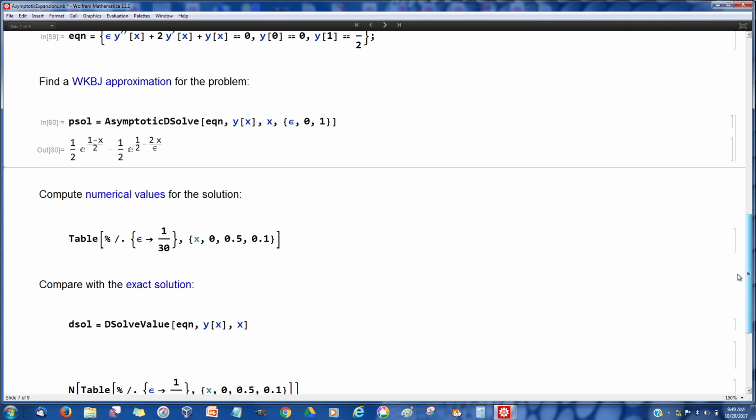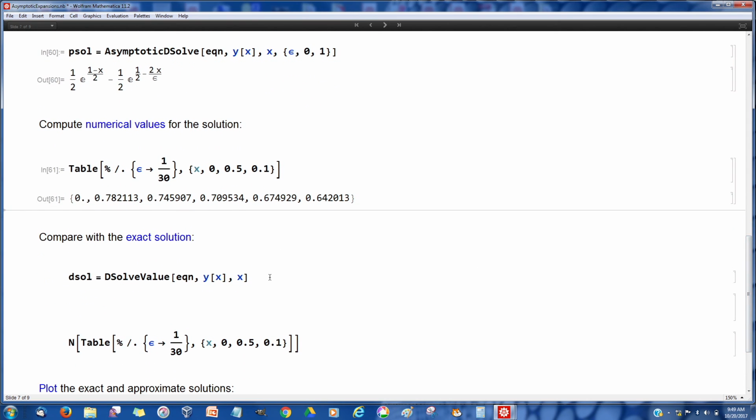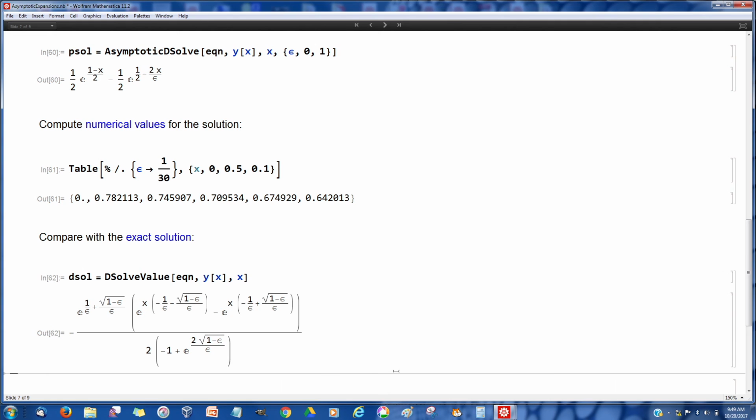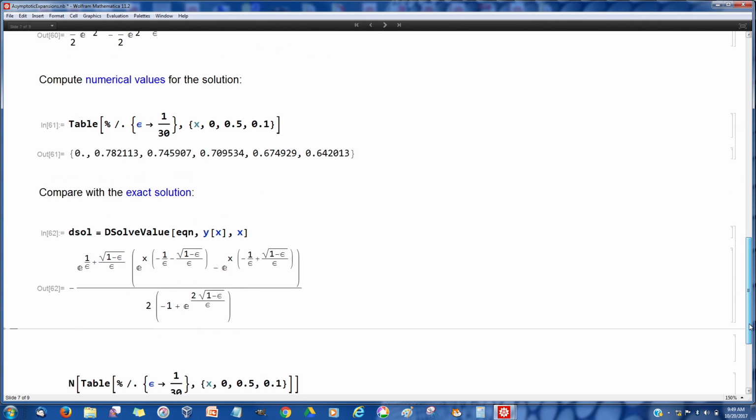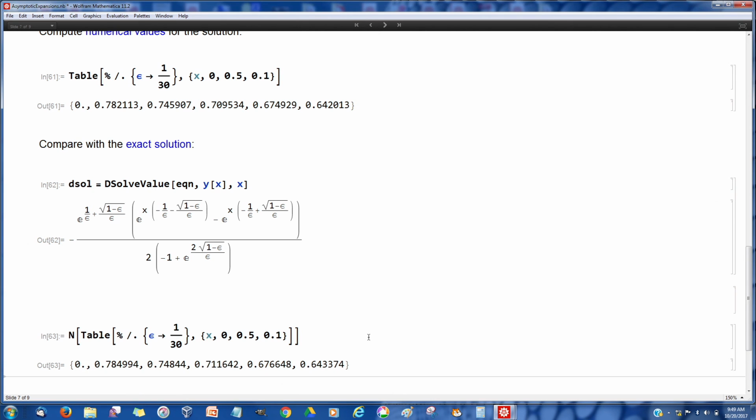A linear approximation, a first term approximation. You plot it, so you find table values, compare with D-solve, or D-solve value in this case. You get back almost the same solution numerically, but look at the complexity of the approximation versus the exact.